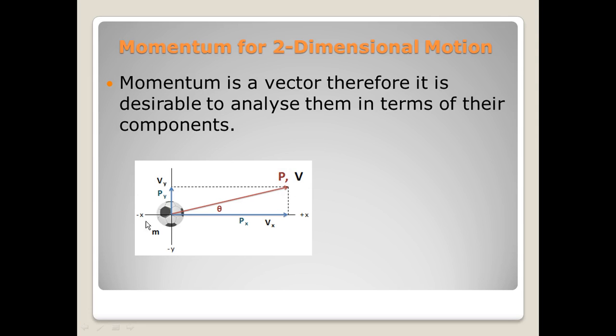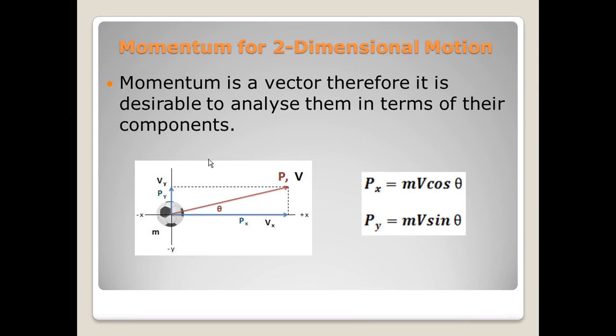Correspondingly, the momentum has p sub x and p sub y. Now, p sub x and p sub y serve as the components of the momentum of the ball, and v sub x, v sub y serve as the components of our velocity. Of course, the direction of the momentum is in the same direction as the velocity.